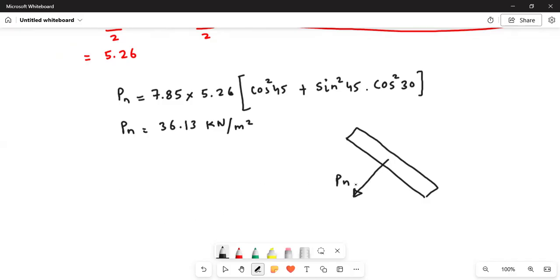In the same way as you consider the weight of the slab in the normal design of a building, weight is acting vertically downward, so that weight needs to be resolved in the perpendicular direction, in the Pn direction. That is Wd into cos theta.